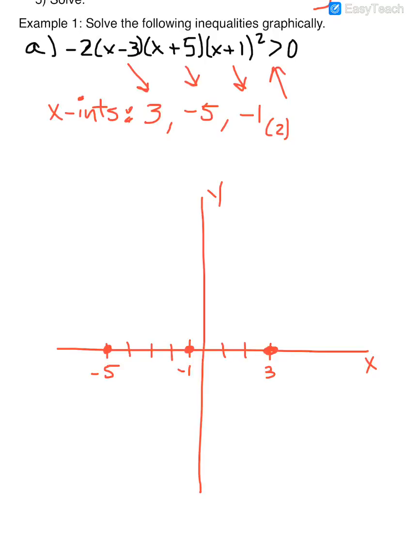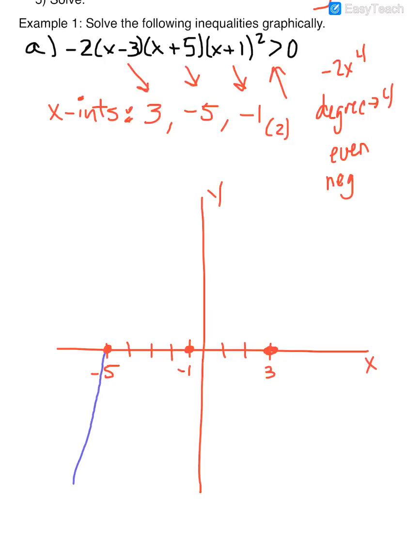Looking at my end behavior, it looks like I have a power of 4. I have 4 zeros, so my degree must be 4, which means it's even. Looking at my leading coefficient, it would probably be -2x to the 4th, so it's negative. End behavior even negative means both ends are going to negative infinity.